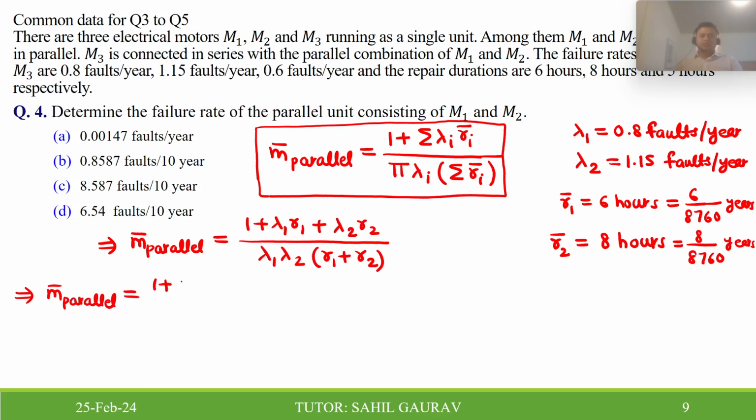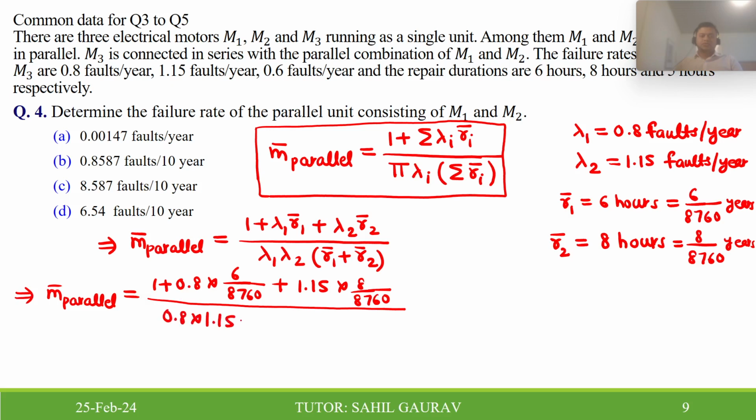So 1 plus lambda 1 is 0.8 faults per year, and R1 is 6 divided by 8760, and lambda 2 is 1.15, R2 is 8 divided by 8760, divided by lambda 1 is 0.8 into lambda 2 is 1.15, into 6 divided by 8760 plus 8 divided by 8760.